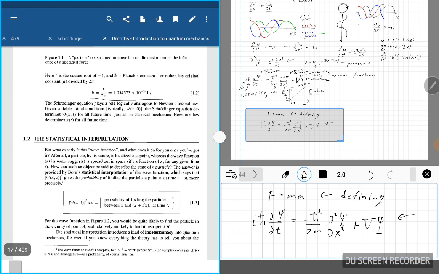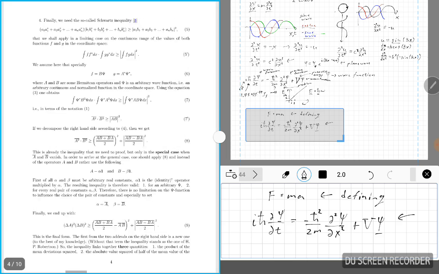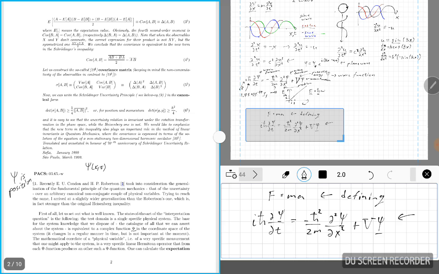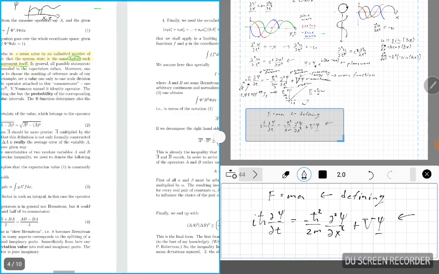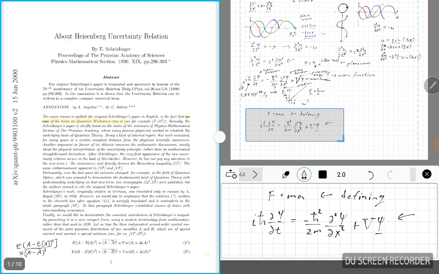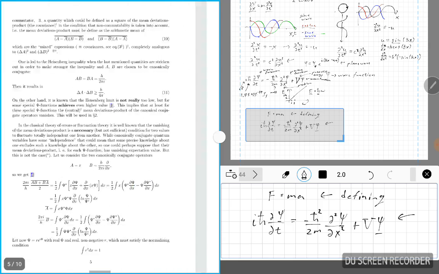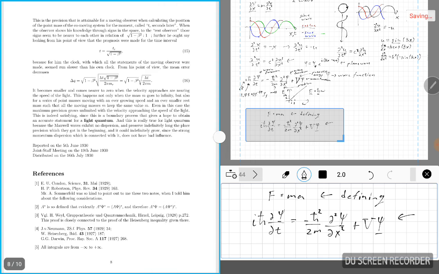Though there is another paper. This is an English translation of Schrodinger's original paper for how he comes up with the justifications for the wave function. This you can find online fairly easily. You'll notice nowhere in this paper does it actually have this form of the equation. This was also done a lot nicer with more modern mathematics in it.